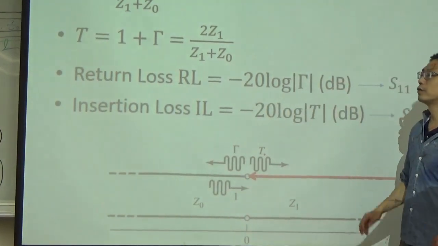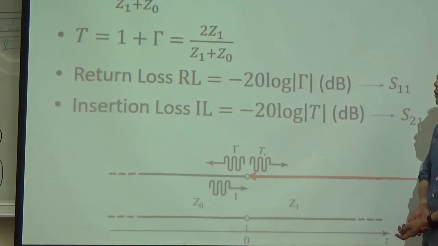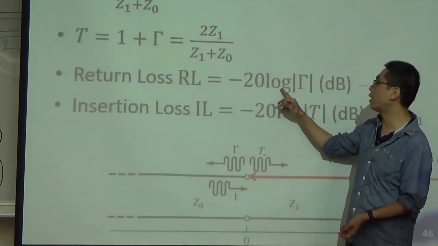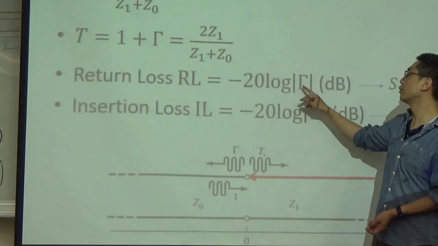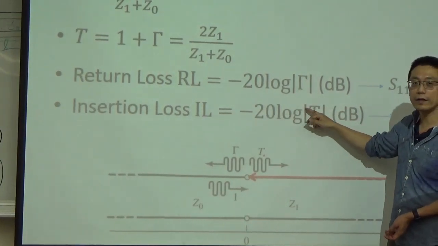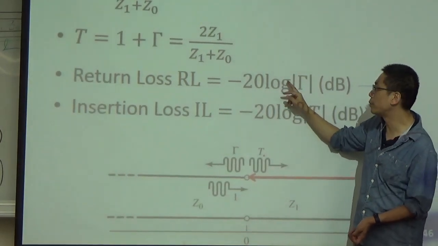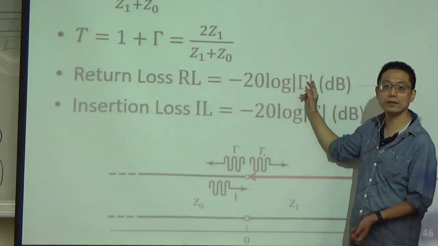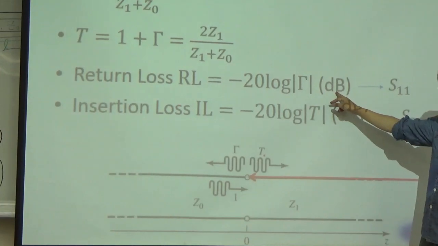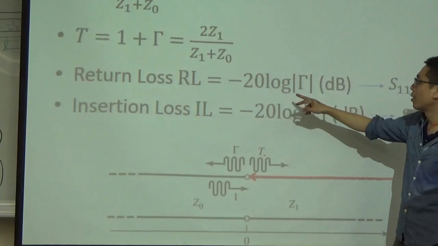Okay? Or you can transfer to something we are familiar with, which is return loss and insertion loss. You just take the log of the absolute value of your gamma and T, and multiply by 20, and this number has the unit dB, unit again guys, dB.